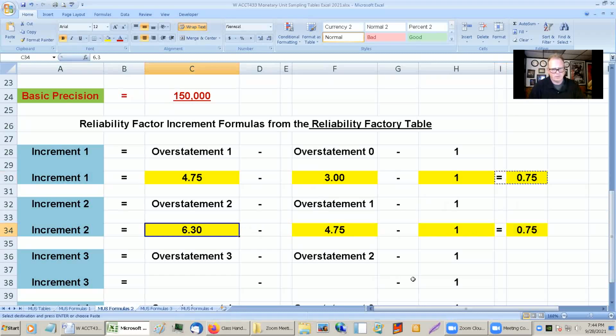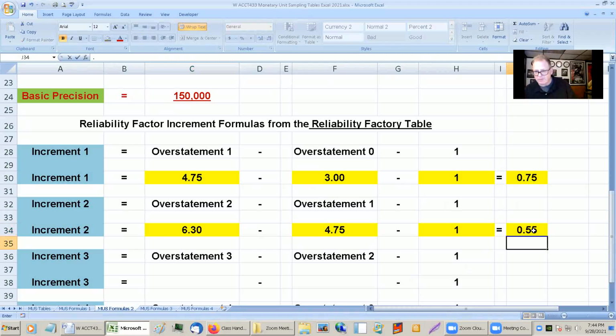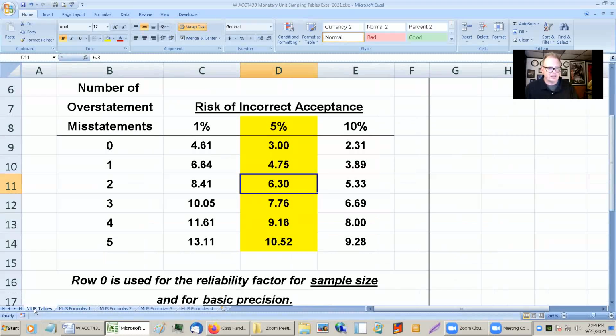That equals what? 0.55. Yeah. Thank you. So this is 0.55. Let's go ahead and do the third one just for laughs, I guess.